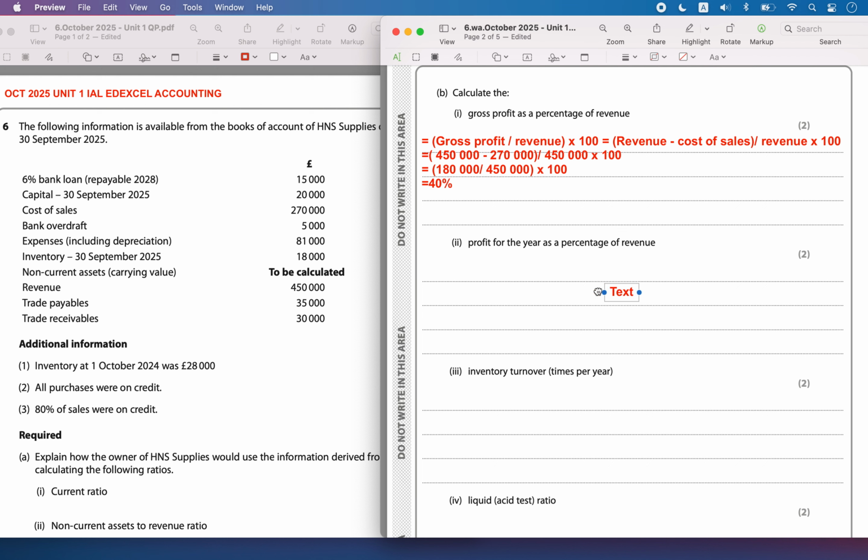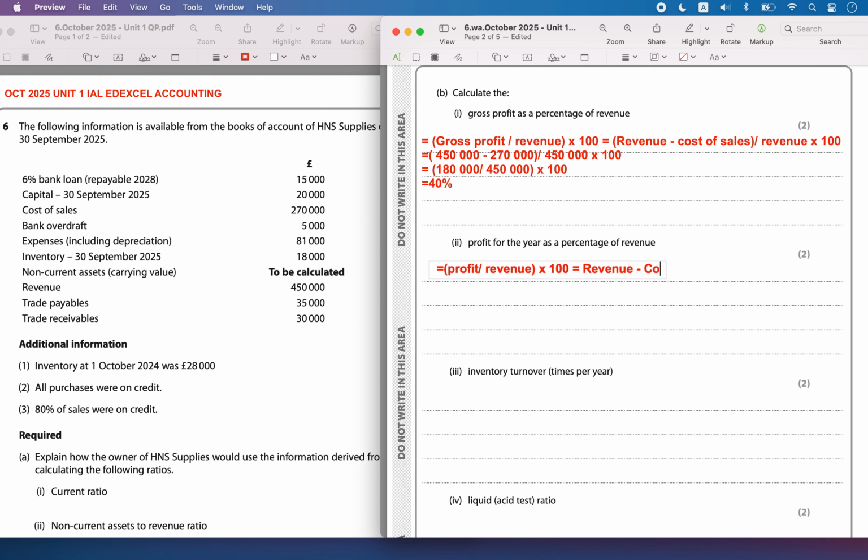Then we have the profit for the year as a percentage of the revenue. Again we have the formula: profit divided by revenue times 100. That is the ratio we are trying to find. Now, profit is not given here directly, so we will have to calculate it.